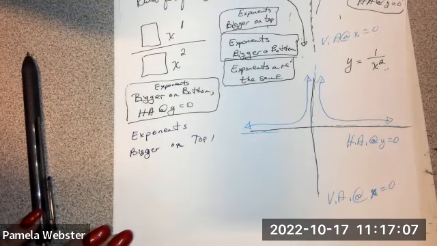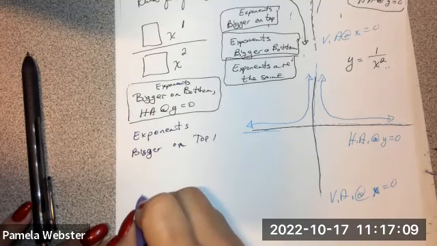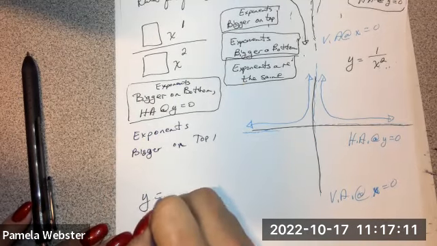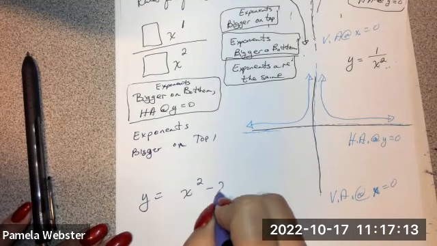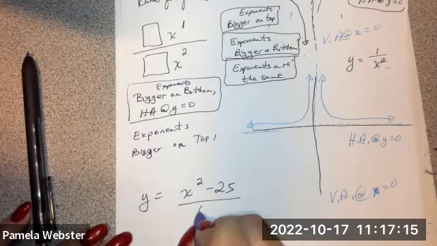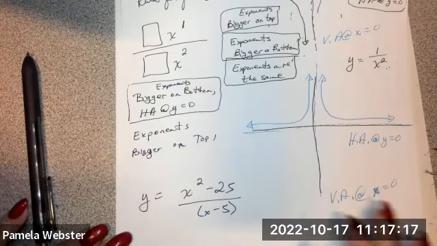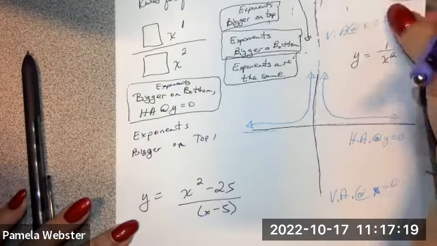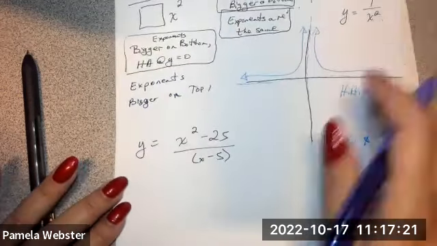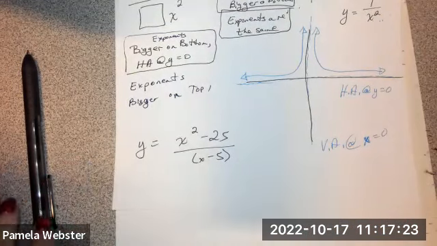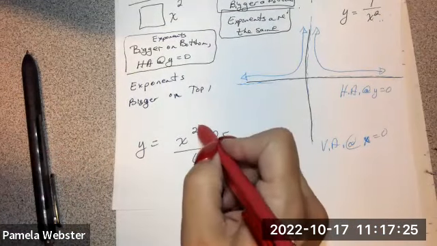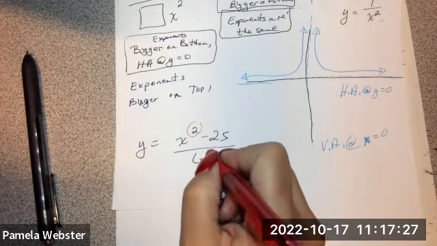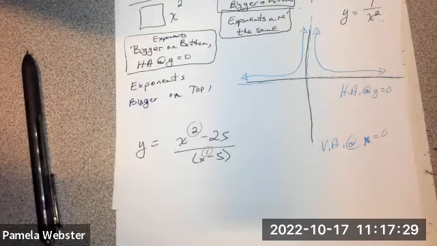So last week we had something that looked like, I think it was something like y equals x squared minus 25 over x minus 5, something like that. I don't remember exactly what it was. But when I look at that guy, I see a 2 for my exponent on the top. On the bottom, I see a 1 for the exponent.